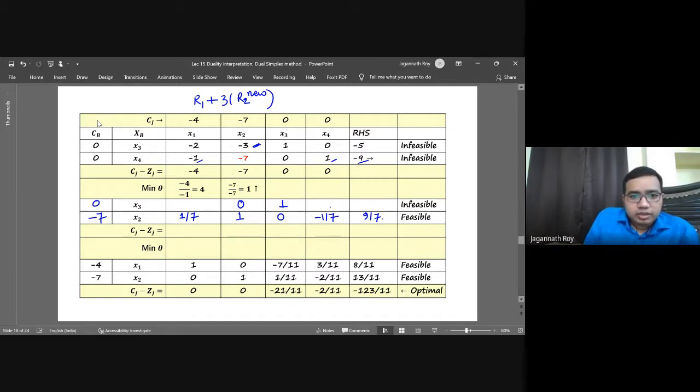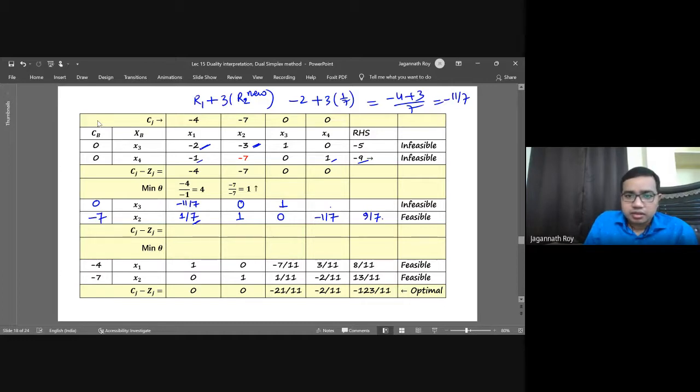Row 1 we have minus 2. So minus 2 plus 3 into 1 by 7. So this becomes minus 14 plus 3 by 7, which is minus 11 by 7.